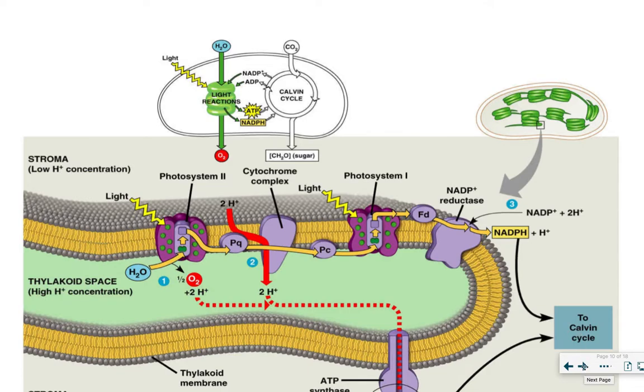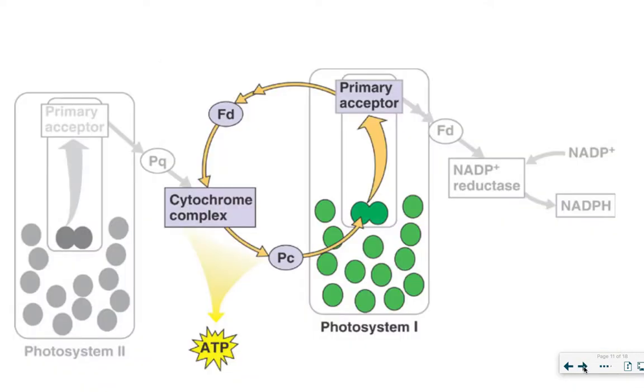However, if more ATP is needed, the chloroplast could sacrifice the usual pathway from photosystem 1 to ferredoxin and ultimately to NADP plus reductase to make NADPH, and instead that ferredoxin can pass those electrons back to the cytochrome complex. Doing that would again generate energy to power the proton pump and ultimately put more hydrogen ions in the lumen of the thylakoid to flow through ATP synthase to make ATP.